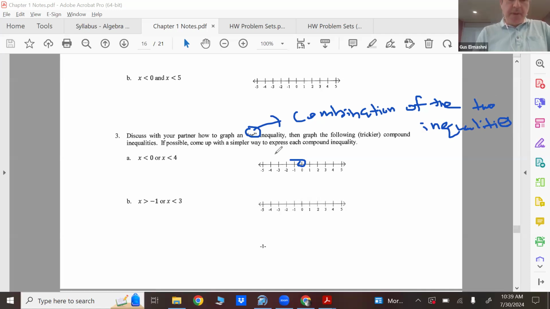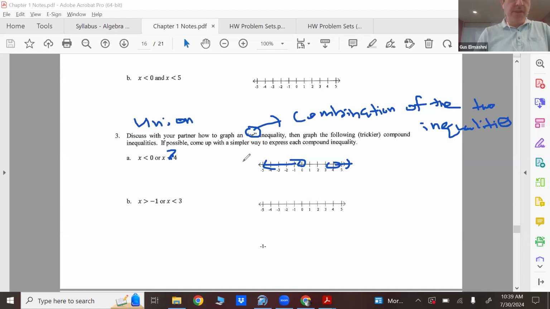So you can be less than 0. Now, if it was greater than 4, you do this. And so it's a union, the combination of those two. When I say combination, I want to be clear: not intersection, not what's common, but just stating the whole thing, the union.